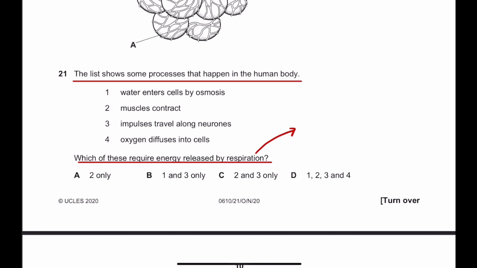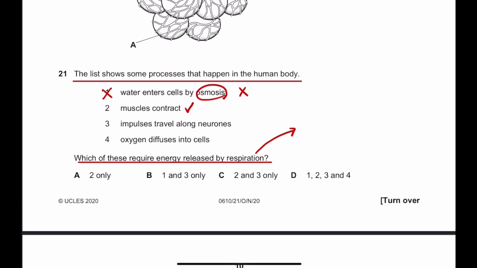Number 1 is certainly not the right answer, because water entering the cell by osmosis does not require any energy. Only active transport requires energy. So number 1 is not correct. Number 2 is correct. In order to contract muscles, we need energy.